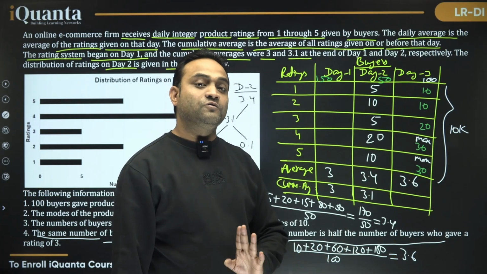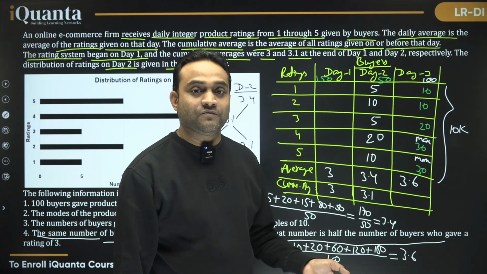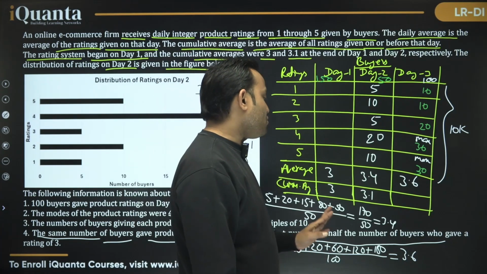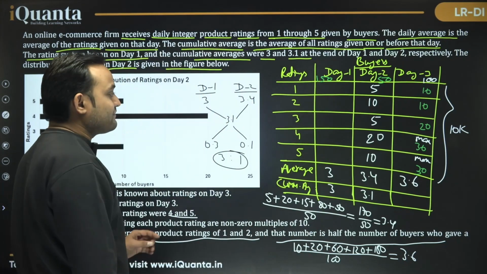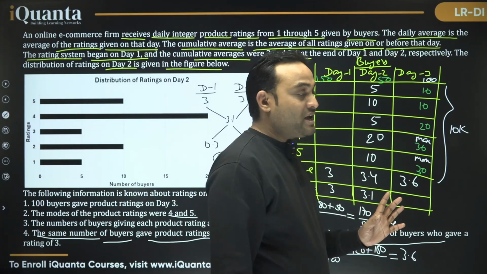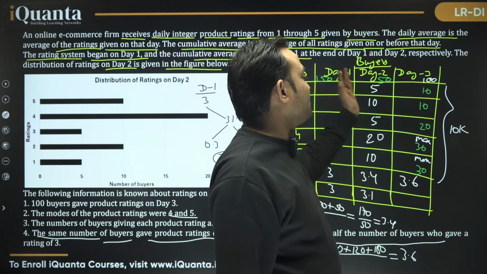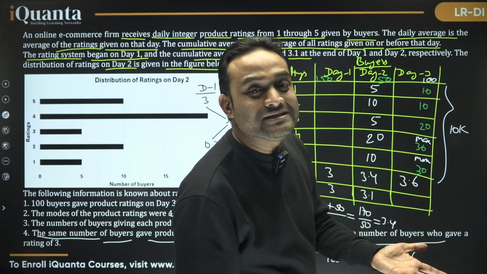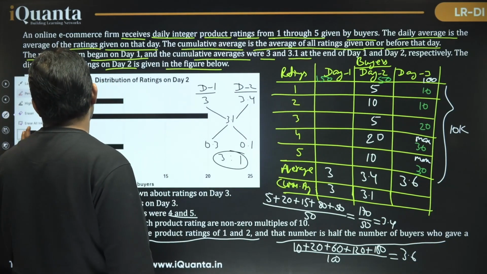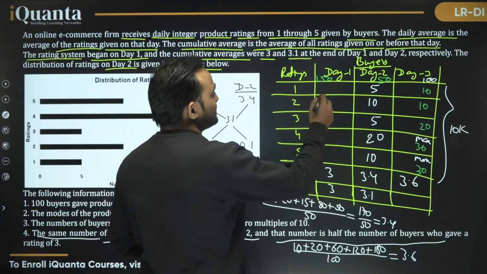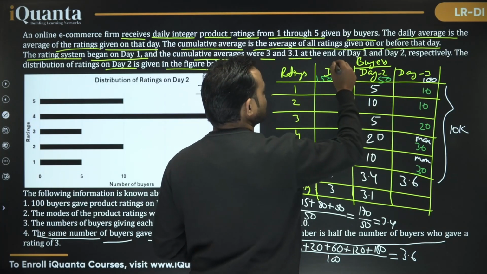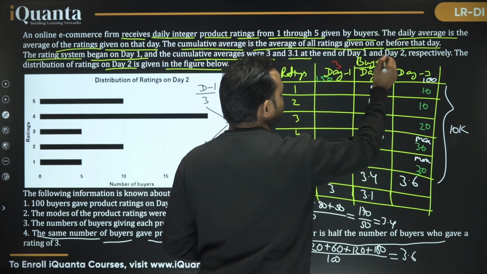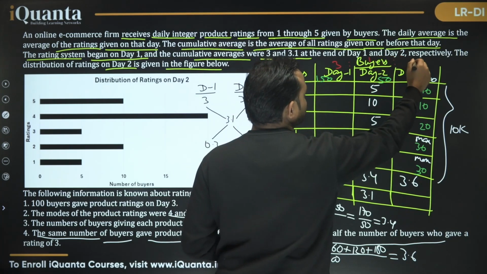So what will be the cumulative average? Can we find the cumulative average? While finding the cumulative average or weighted average, instead of actual values, we can also use their frequency, right? The ratio of frequency is 150, 50 and 100. So we can take 3:1:2, right?